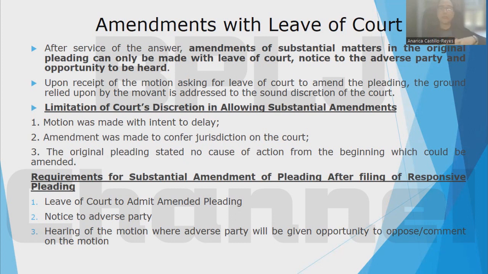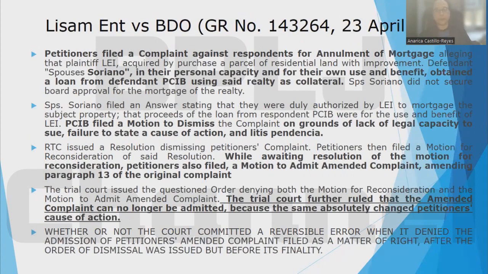Okay, first, there must be leave of court to admit amended pleading. Second, there must be notice to the opposing party. And third, there must be a hearing of the motion where the adverse party will be given the opportunity to oppose or comment on the motion.